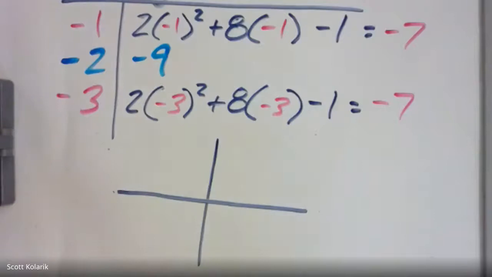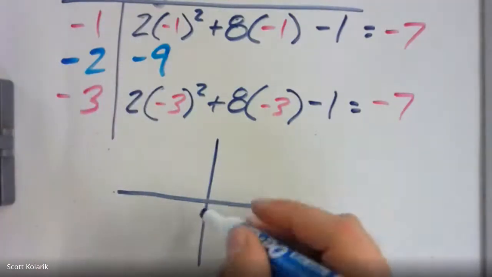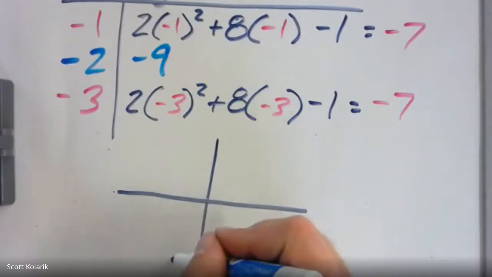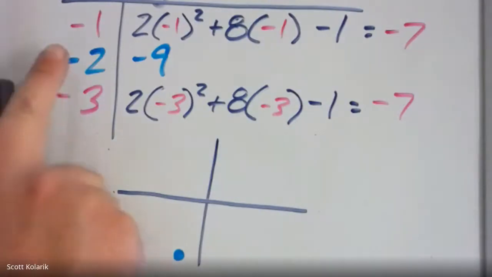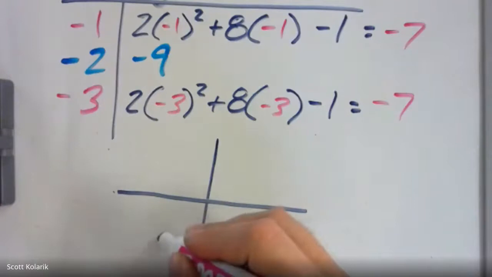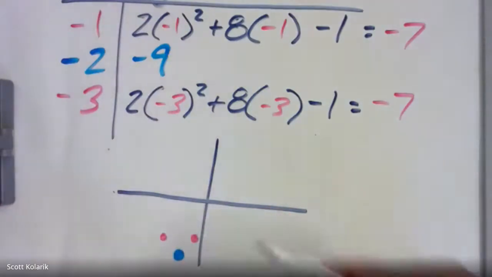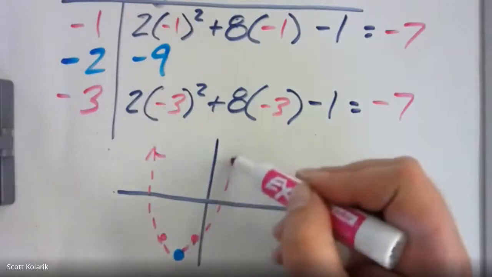So for instance, the vertex right here, this negative 2, negative 9, I'd be looking for something back 2, down 9. I'd be looking for a vertex down there in that general location. And then this negative 1, negative 7, and negative 3, negative 7 would go something like this. So I'm looking for this kind of happy face parabola right here.